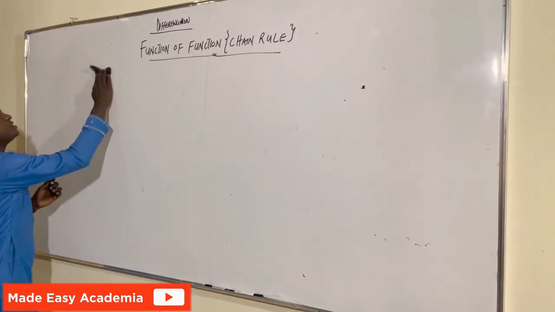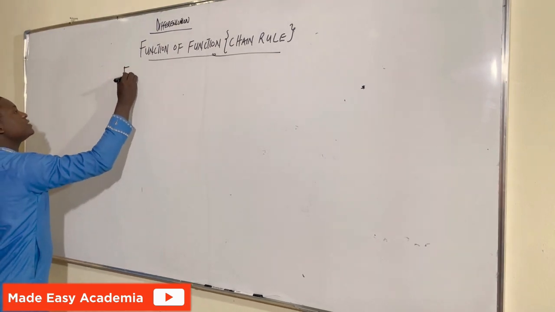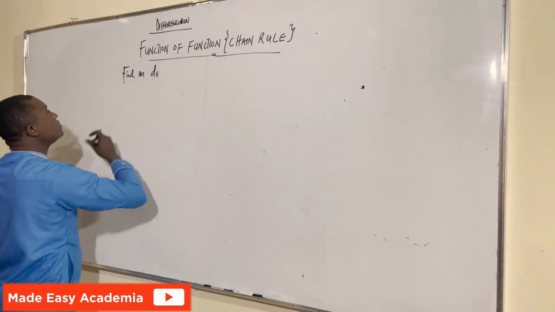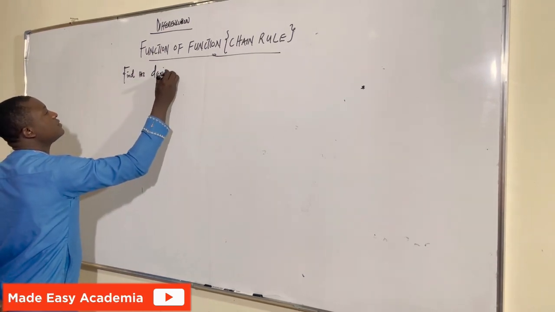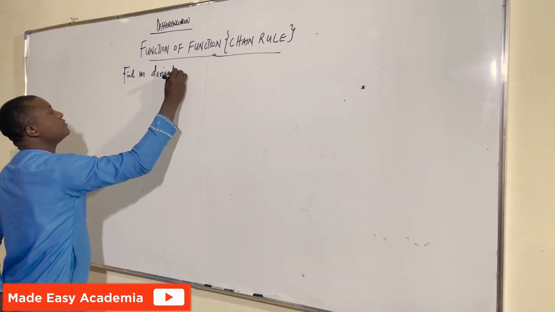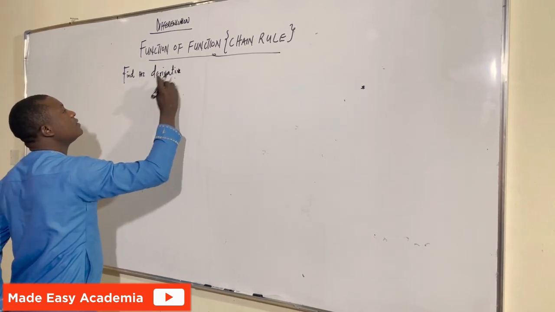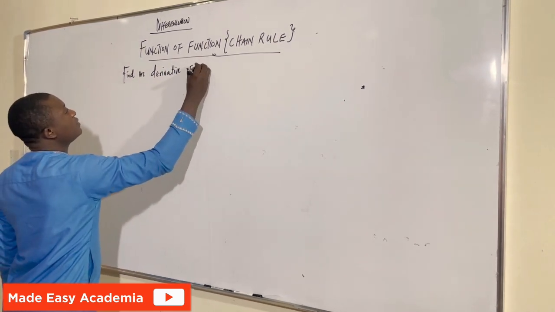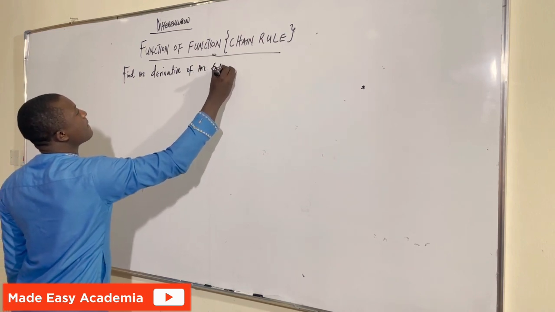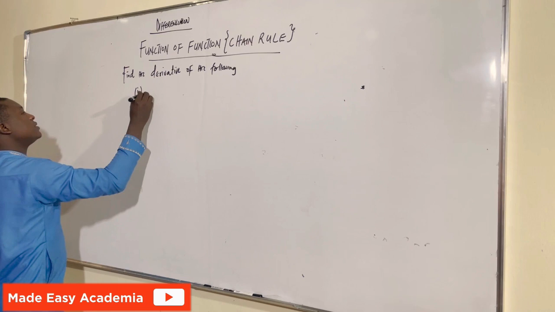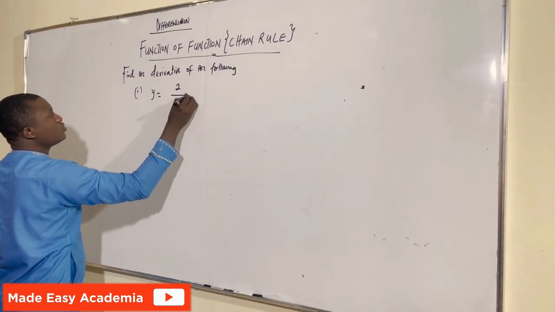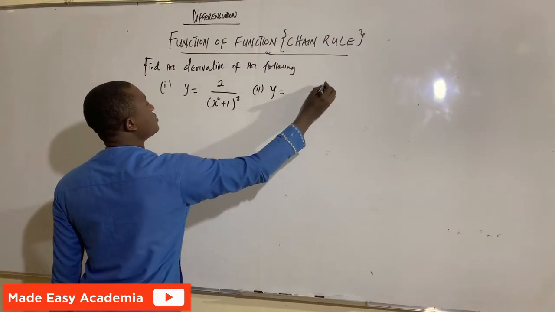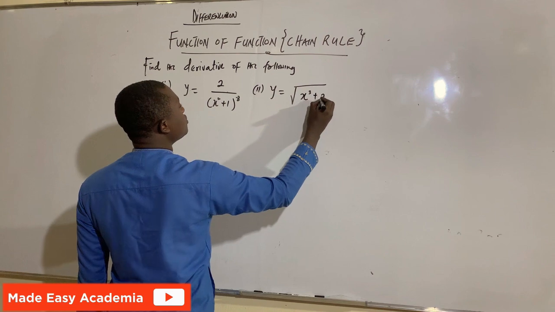Maybe they said, find the derivative of the following, or differentiate the following. Find the derivative of the following functions. 1, y is equal to 2 over x squared plus 1 raised to the power of 8. 2, y is equal to root of x cubed plus 2.